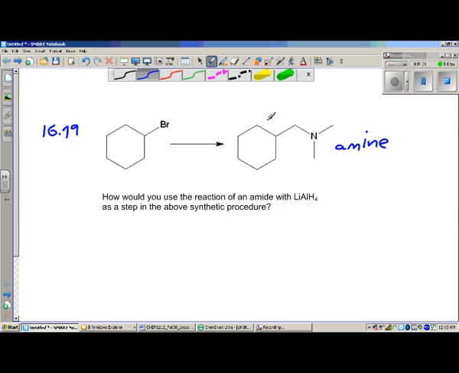Well, hopefully you've noticed that we are adding a carbon here. In fact, we're forming this carbon-carbon bond. So that tells us we're going to need some sort of reaction that makes a carbon-carbon bond, and the most common one of those that we've seen already, particularly when we have something that already contains a halogen.